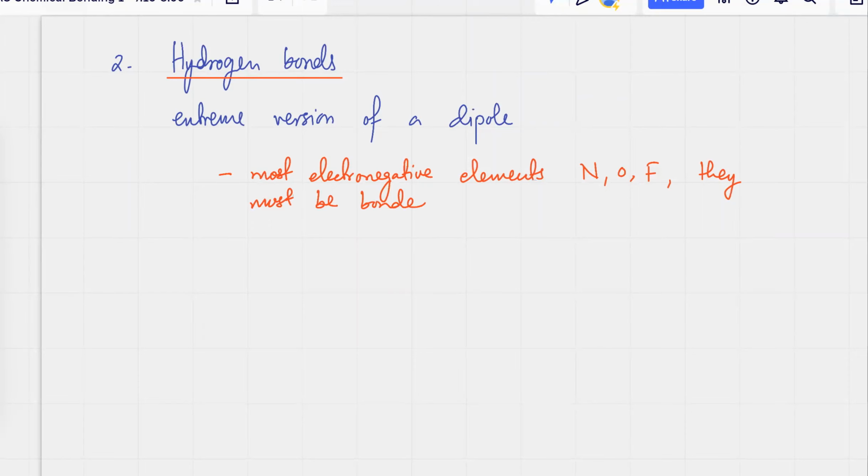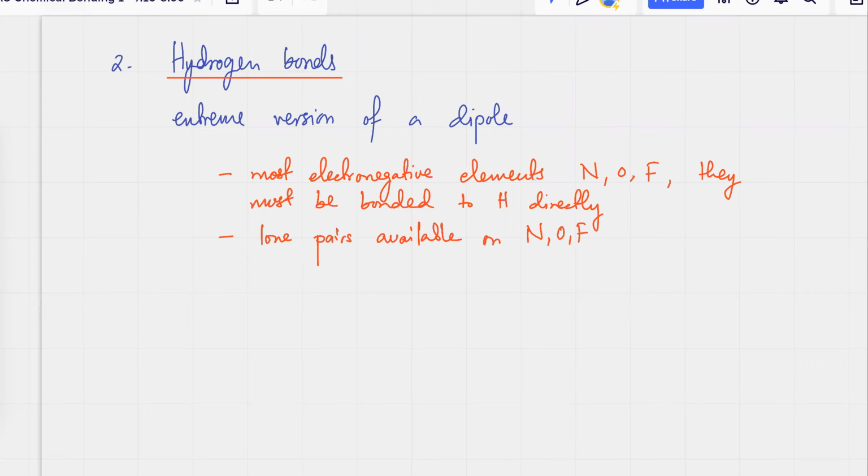And the second condition is that there must be lone pairs. Lone pairs should be available on these atoms, nitrogen, oxygen, or fluorine.